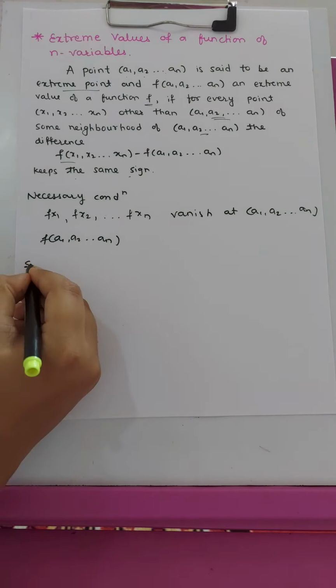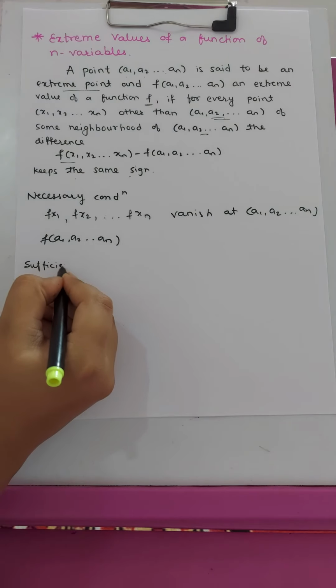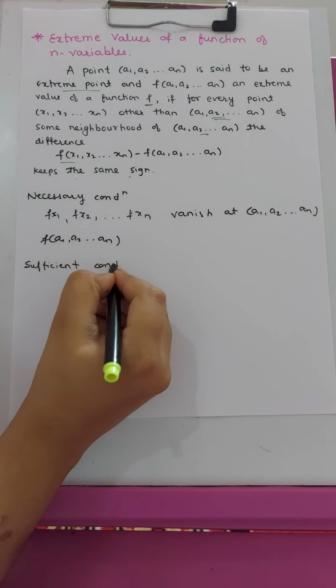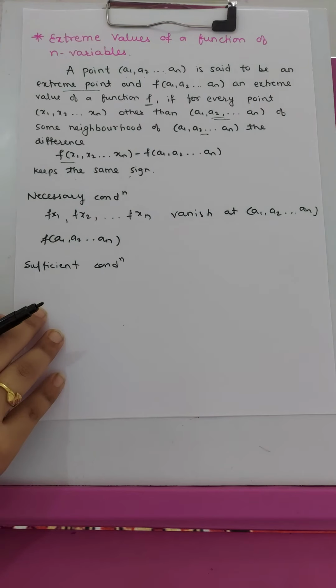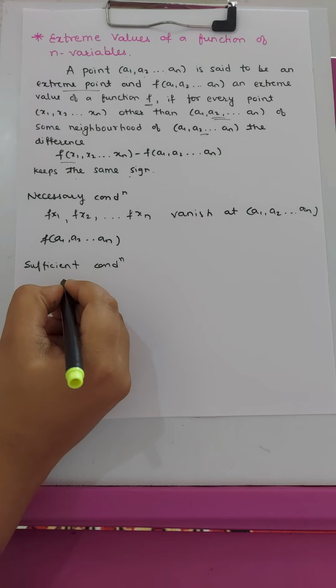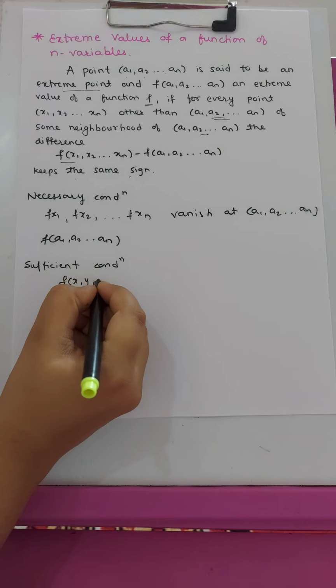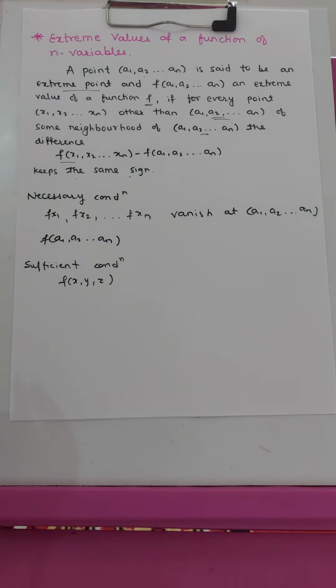And the sufficient condition for any point to be the extreme point is this. Suppose we have a function f of 3 independent variables x, y, z.